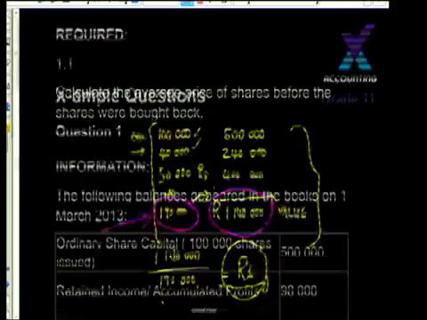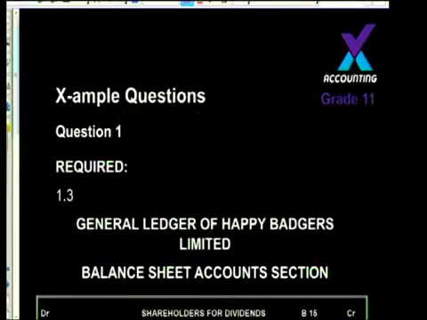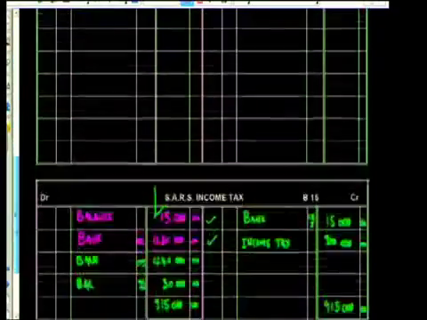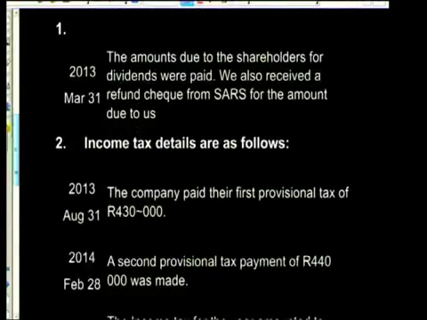Let's take the 190,000 into our calculation. 190,000 shares is what we had issued, right?